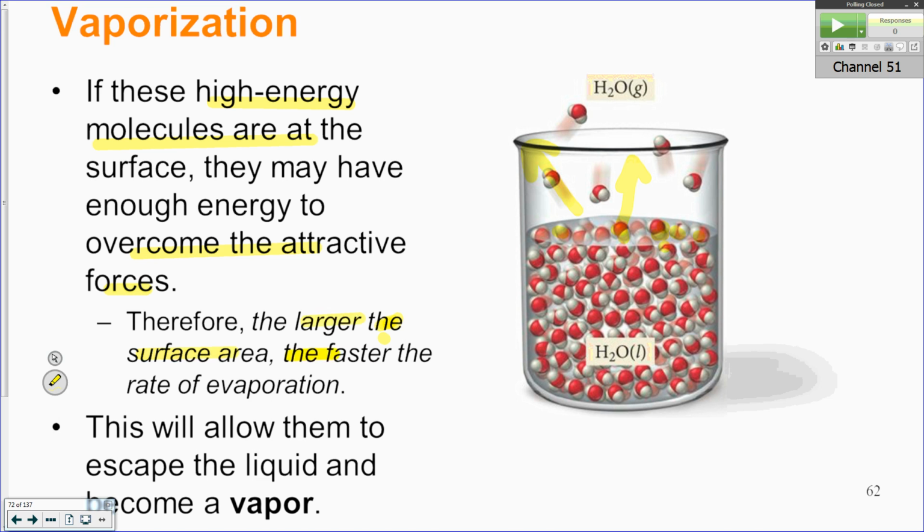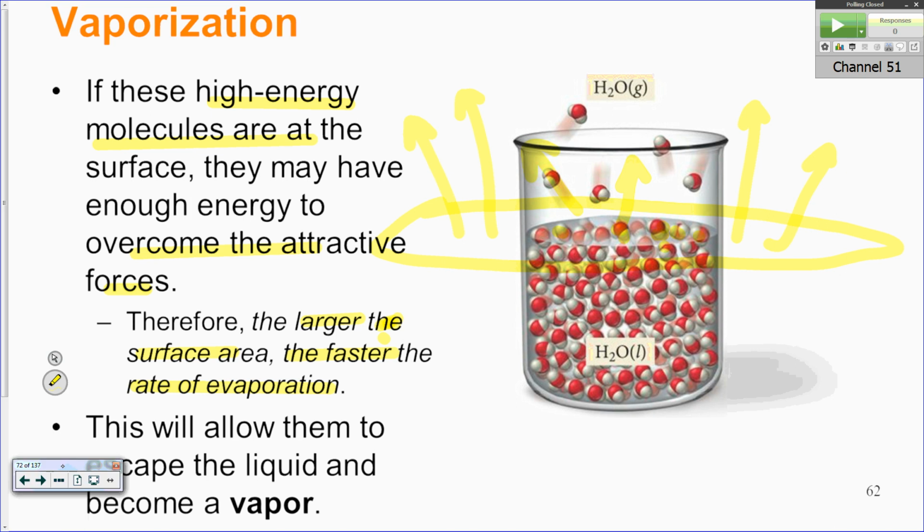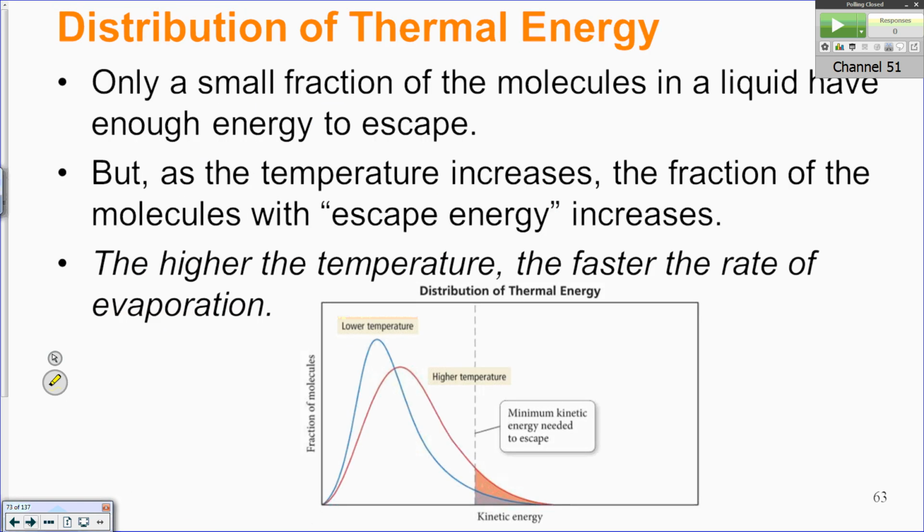We get a faster rate of vaporization because we get a larger surface area. We just get proportionally a larger number of molecules that have that higher kinetic energy that can escape out into the vapor phase and escape from the liquid. So this process of becoming a vapor is related to a number of different factors.